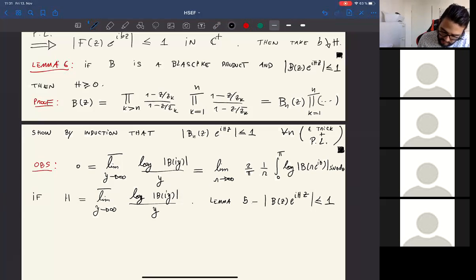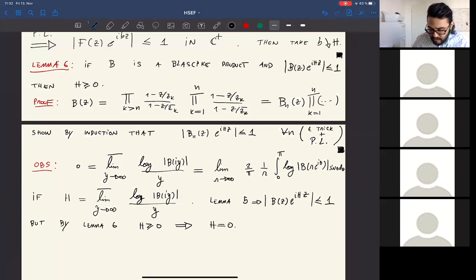That's what lemma 5 shows. And this H has to be something less or equal than 0 because the Blaschke product is always less or equal than 1. But by lemma 6, H has to be greater or equal than 0. So therefore H is 0.